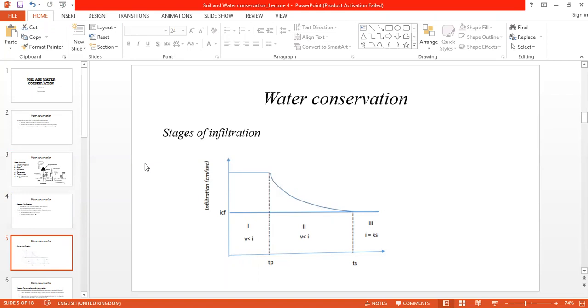If we start at its infiltration capacity, the highest, like when the soil is dry, then you start to apply irrigation. If the irrigation rate is less than the infiltration capacity, it means that the rate at which the water will be entering the soil will be dependent on the rate of irrigation.